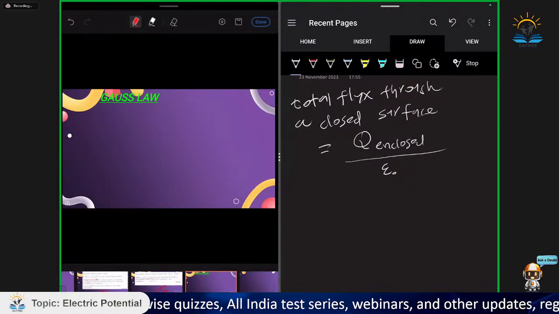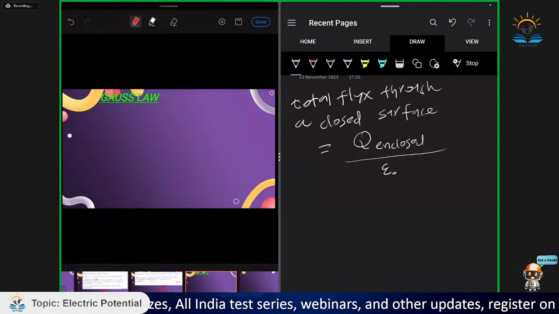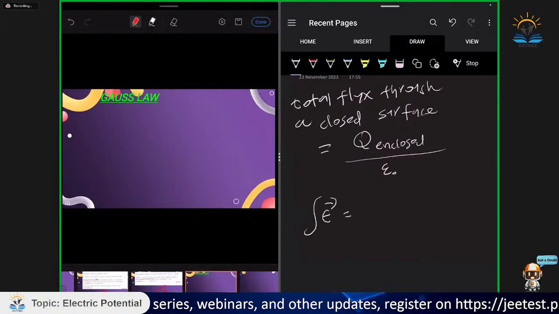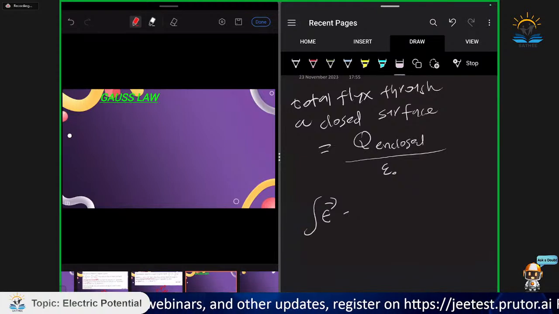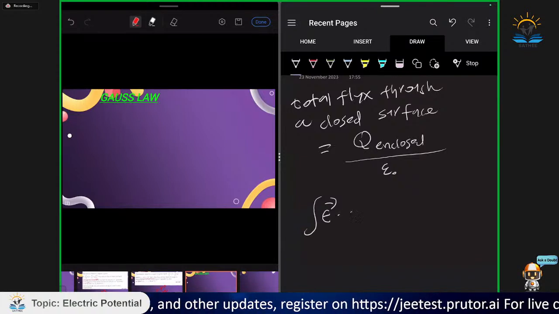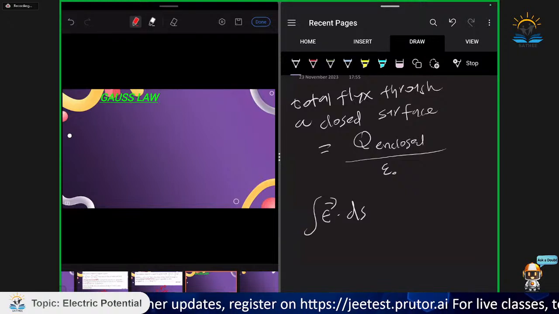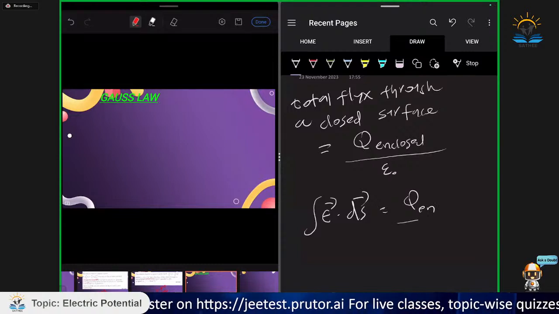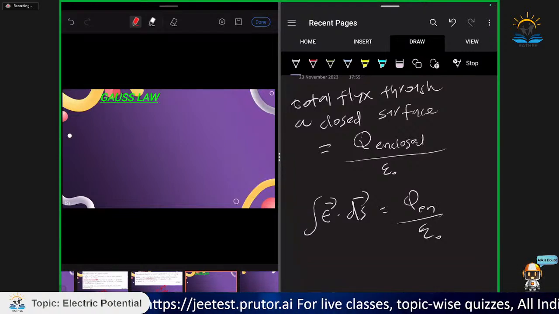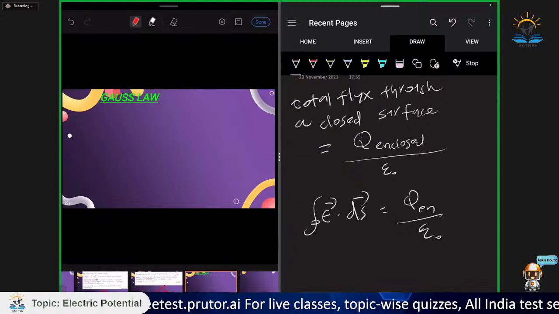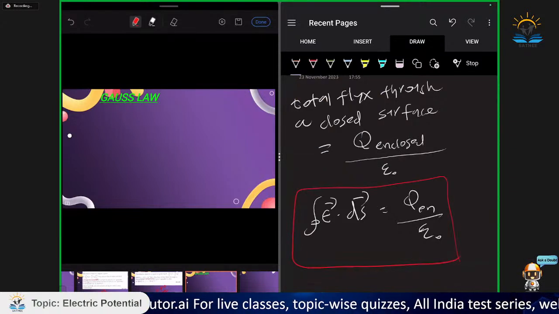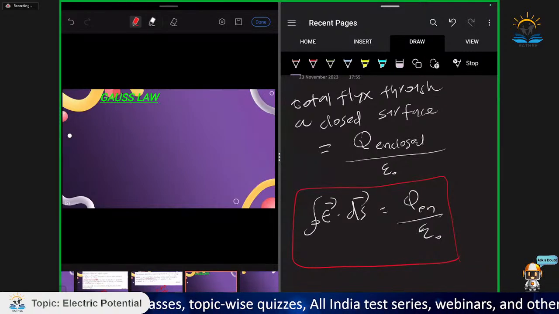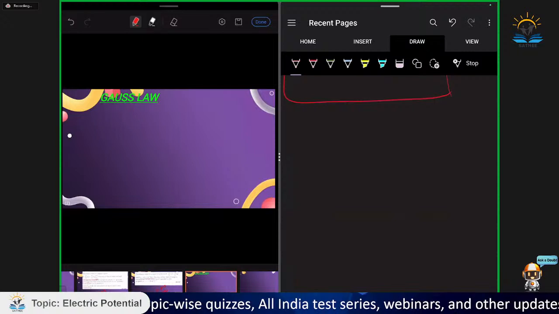Flux is equal to E dot A, and for a small area distribution we can write the total flux as the closed surface integral of E dot ds, equal to charge enclosed upon epsilon naught.